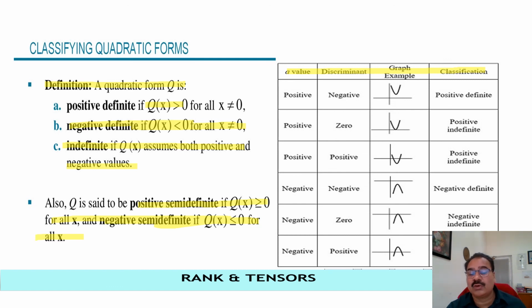If A is positive and the discriminant is 0, then this is called positive semi-definite. If A is positive and the discriminant is also positive, then this is called indefinite. If A is negative and the discriminant is negative, then this is called negative definite. And if A is negative and the discriminant is 0, then this is called negative semi-definite.